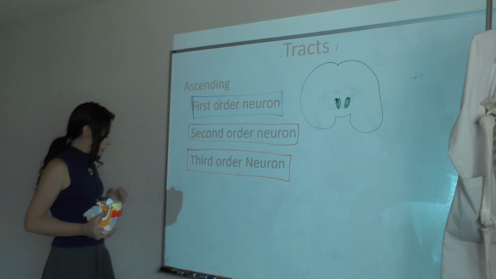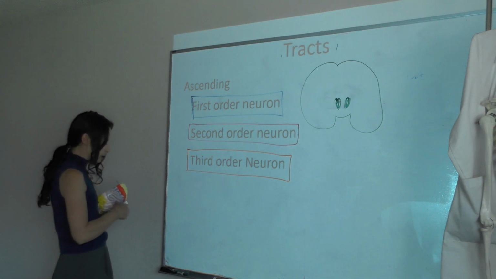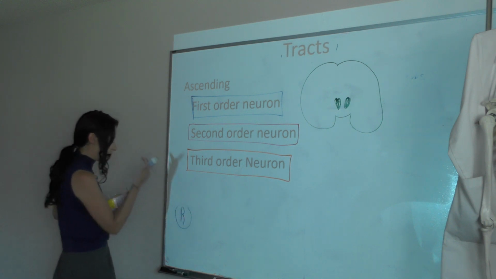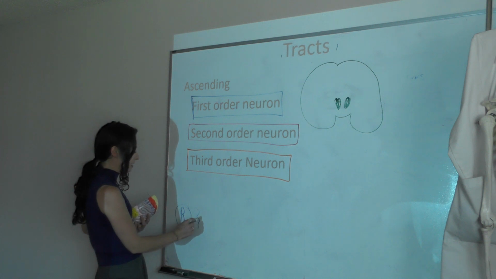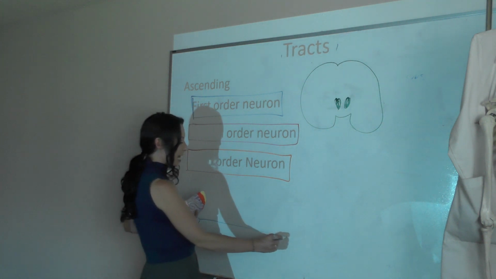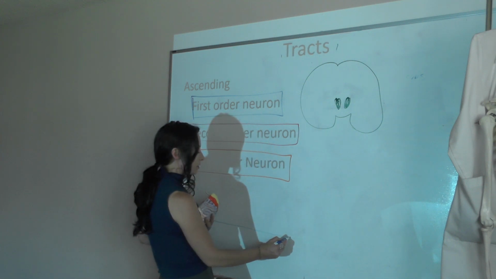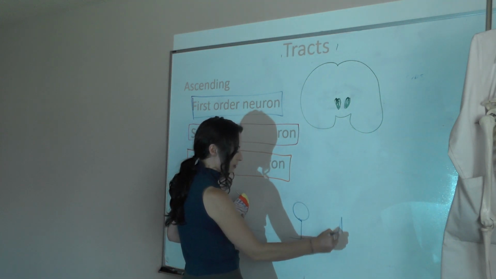So our first order neurons are going to be the sensory neurons that are in contact with some receptor. So receptors are detecting some change in the environment, and depending on what type of receptor is activated is going to determine what the anatomy of your first order neuron looks like. Either way, it's a unipolar sensory neuron that's bringing its information into the central nervous system.